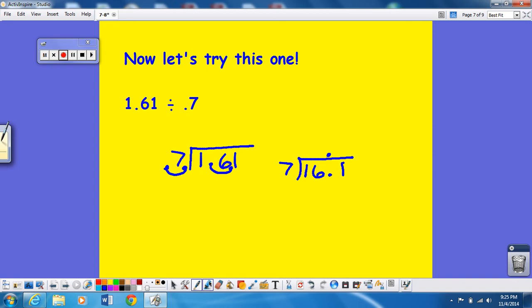And now forget about it. 7 goes into 16 2 times. 2 times 7 is 14. Subtract, bring down. 7 goes into 21 3 times. 3 times 7 is 21. And you've zeroed out. We now know that 1 and 61/100ths divided by 7/10 is 2 and 3/10.